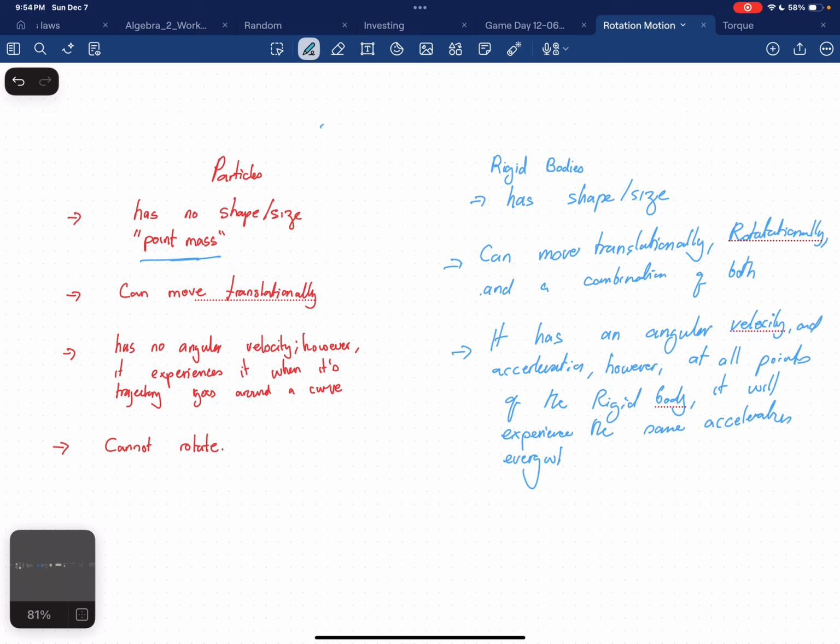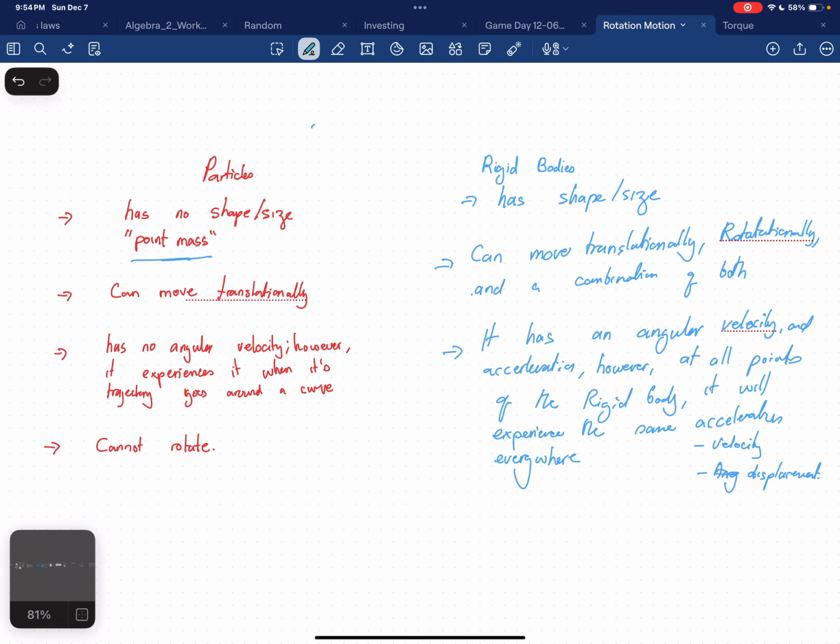The same acceleration, the same velocity, and the same angular displacement, and this is all angular, by the way. If you don't understand this, please come to my office hours.